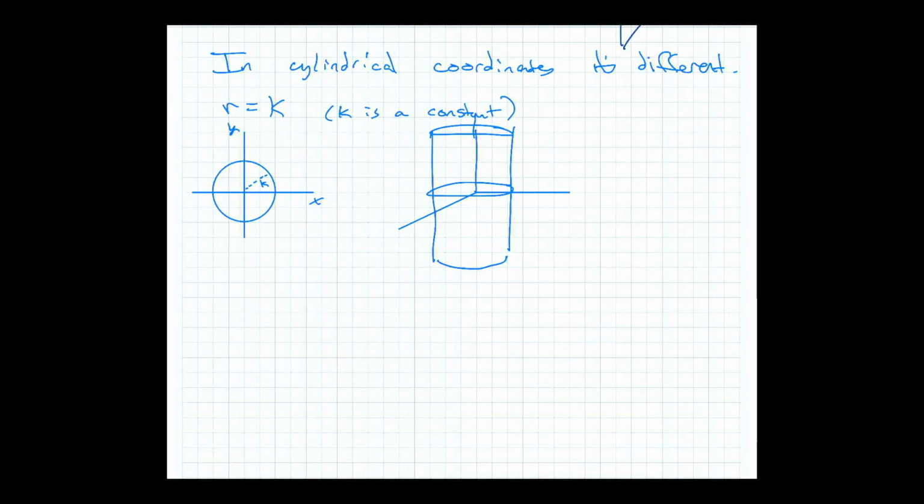Still the same idea. That's your r equals k, is a radius of that circle. But the z value can be anything. Okay, so that's what happens if r is a constant, you get a cylinder.